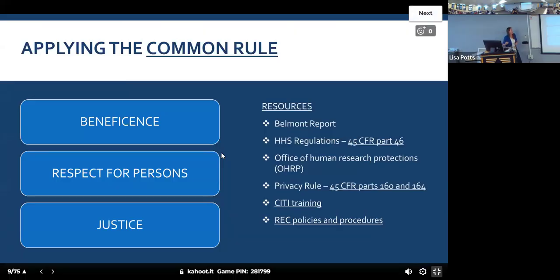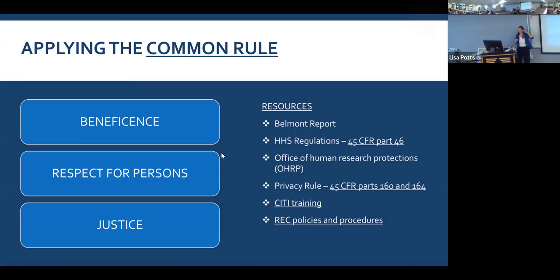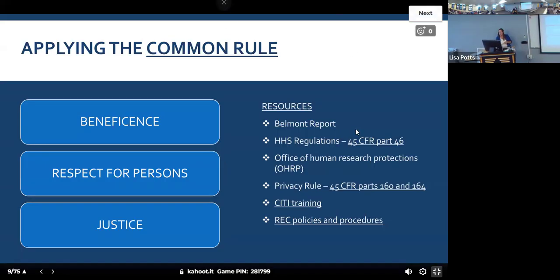So we are trying to apply the Common Rule, which is based on three principles: beneficence, respect for persons, and justice. Ultimately, this captures all the things that we are considering from the research ethics standpoint when we are reviewing proposals. So over here are some resources. You can access the regulations directly.